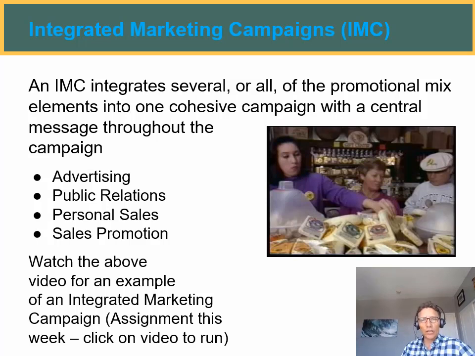Let me back up real quickly on public relations. Some examples of PR for the California cheese assignment would be the wine and cheese tastings that they did, where they invited food influentials, chefs, and food columnists to come in and taste wine and cheese with the hopes that they'd be getting some positive news stories about California cheese.